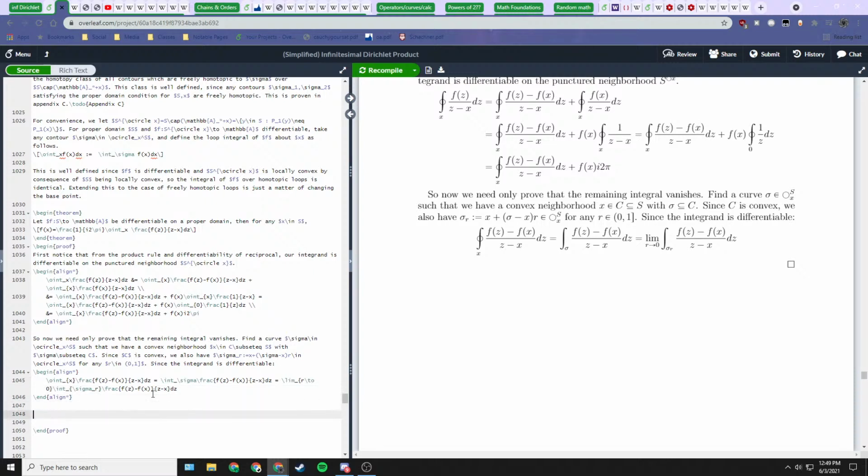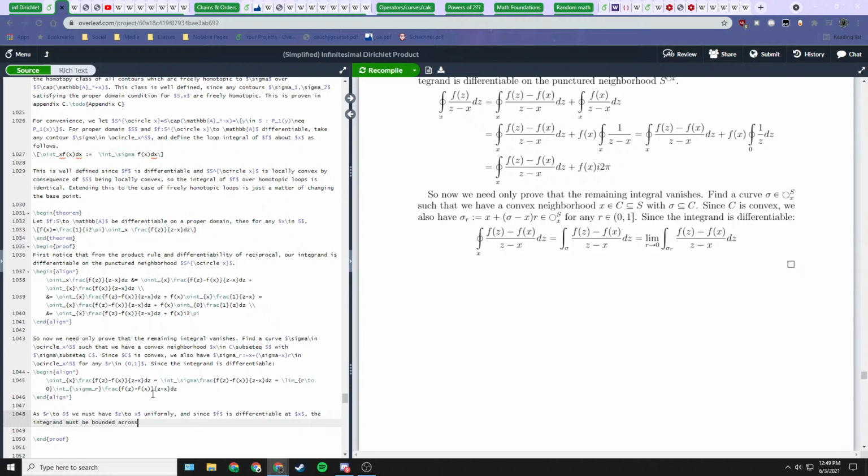Okay, so we can say as r goes to 0, we must have z going to x uniformly. And since f is differentiable at x, the integrand must be bounded.